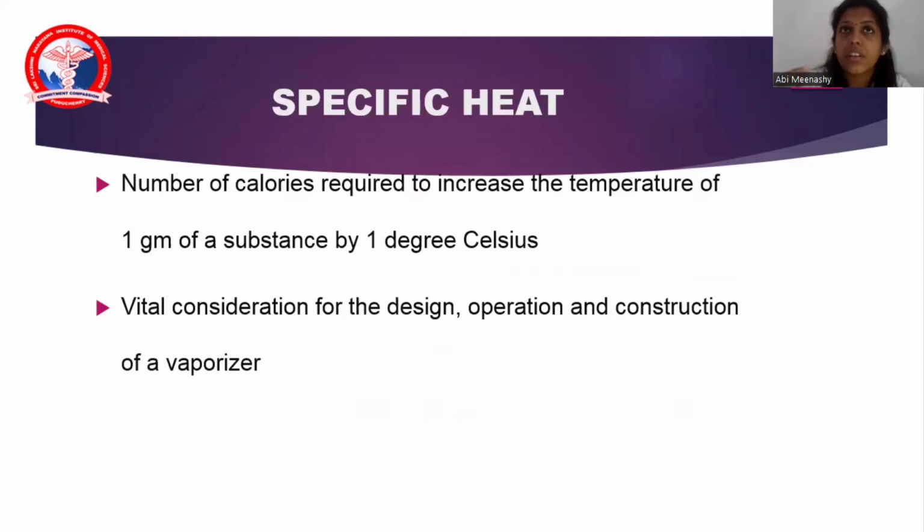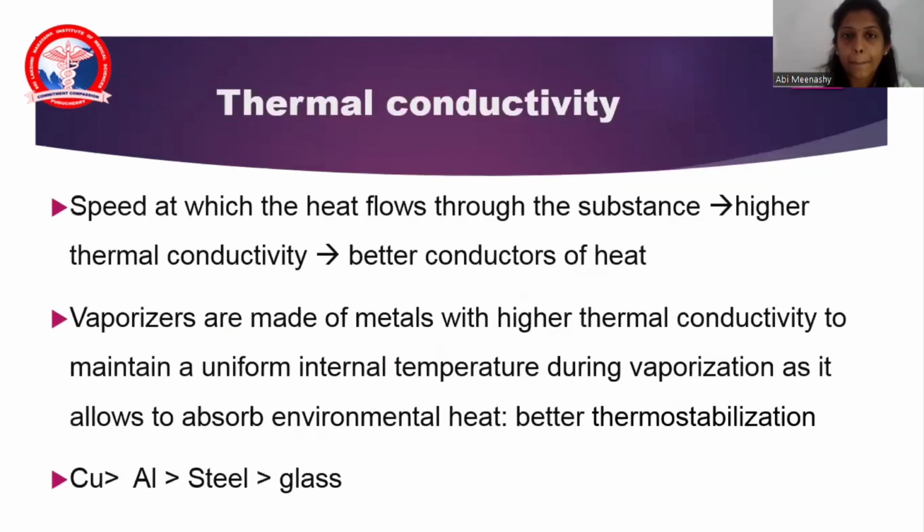So how many calories do you need to increase the temperature by 1 degree Celsius? Thermal conductivity is the conductivity of the container that is containing the liquid anesthetic agent.